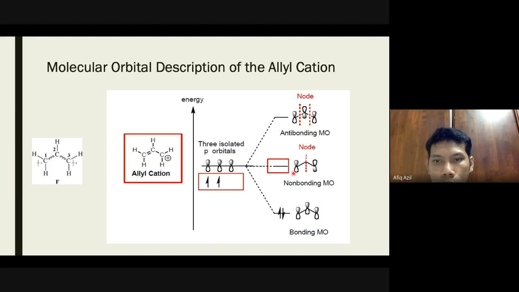So there are no non-bonding electrons. Unlike a radical just now, where you have one non-bonding pi electron on this carbon, now there are only two pi electrons. Both of them are being used in this pi bond, so bonding.